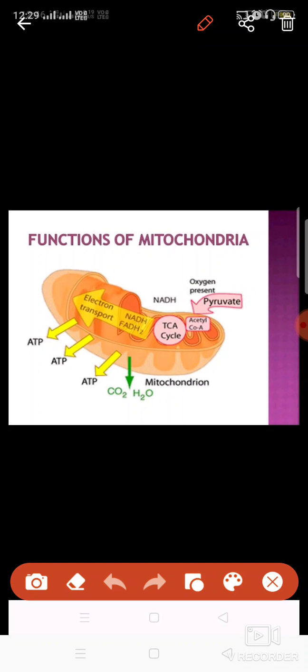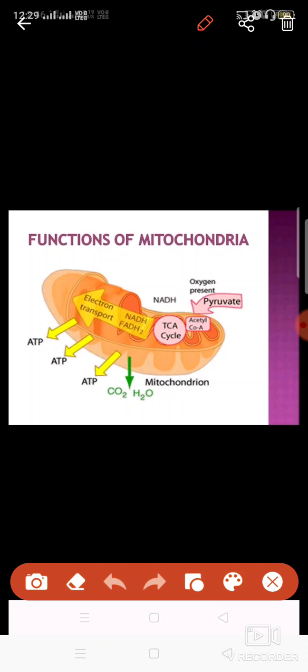So basically the function of mitochondria is cellular respiration. There are two kinds of respiration. One is the external one, that is breathing, and the second one is cellular respiration, which occurs inside the cell. Cellular respiration occurs inside the mitochondria.